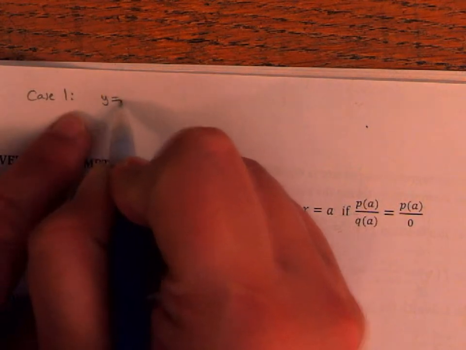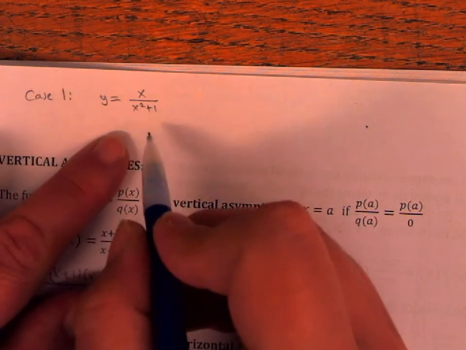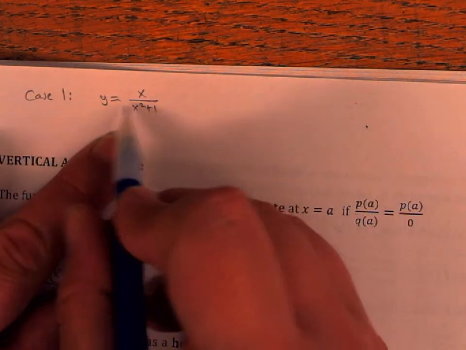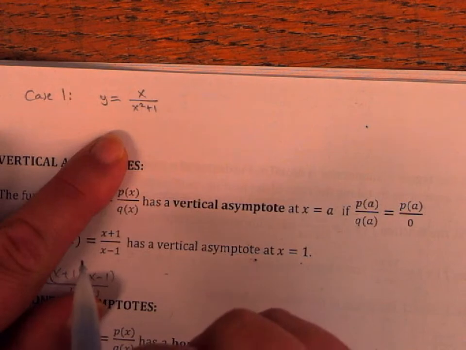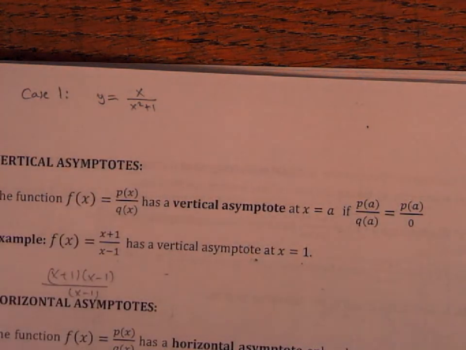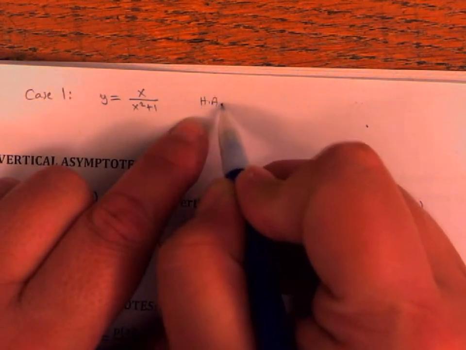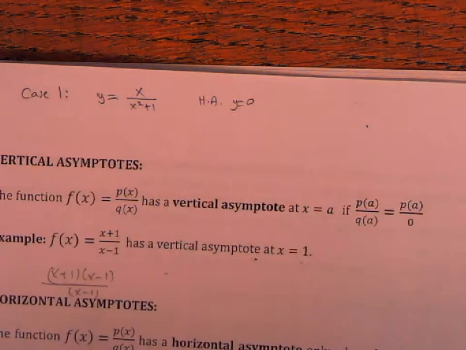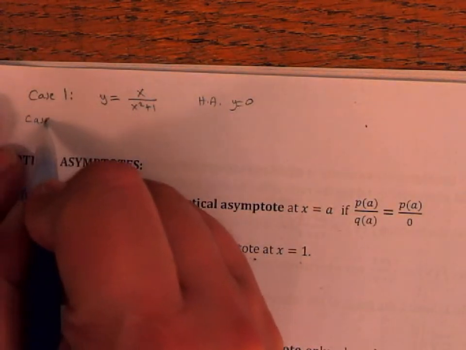Let's say you have x over x squared plus 1. As you see, the degree of the numerator is 1, the degree of the denominator is 2. So the degree of the numerator is less than the degree of the denominator. If that is the case, the horizontal asymptote is located at y equals 0.